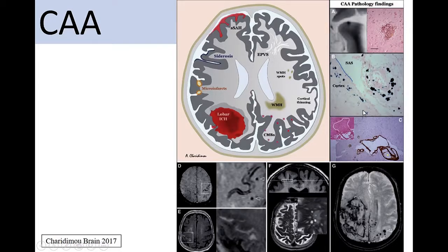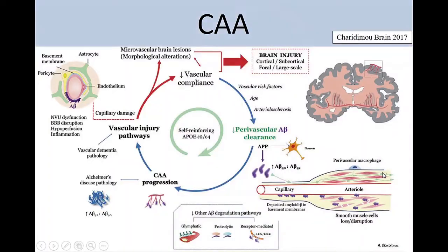This can also be seen on pathological workup. These were patients who passed away. So you see this is a microhemorrhage, but an acute one. Here you have the siderosis within the cortex and some deposition of iron around the vessel. And here you have a microinfarct. The microinfarcts are difficult to see on MR, but the others are very well visualized.